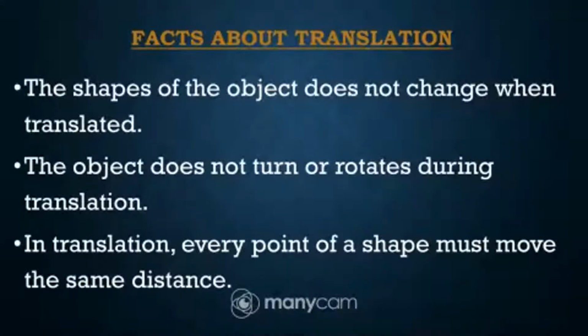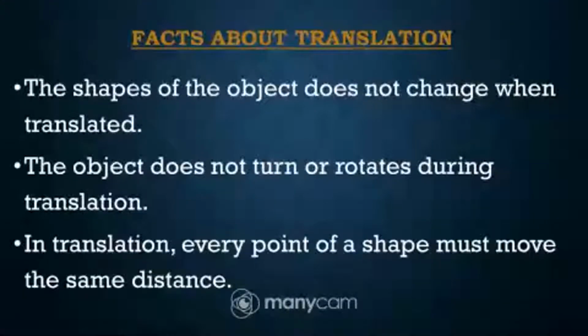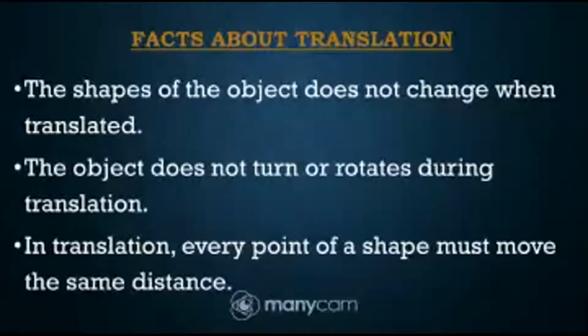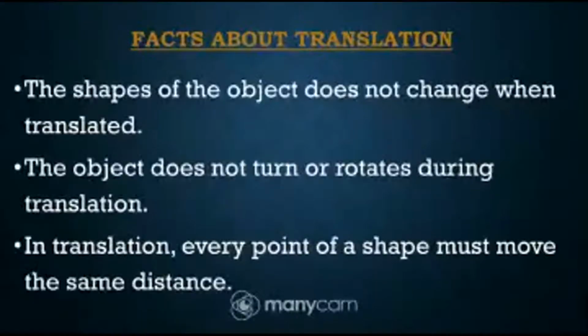If you find out that your image is different, then you must amend it. One fact is that the object does not turn or rotate during translation. And in translation, every point of a shape must move the same distance.